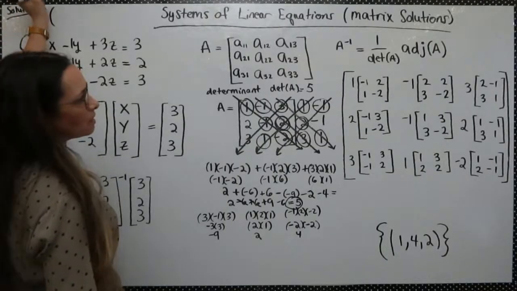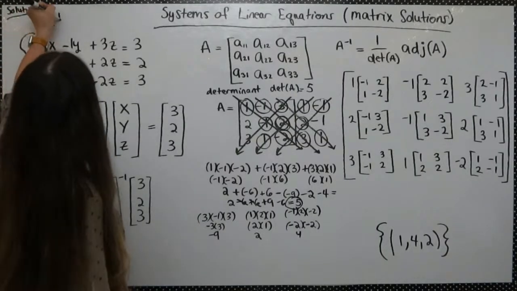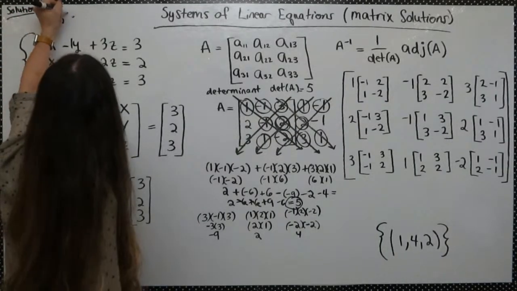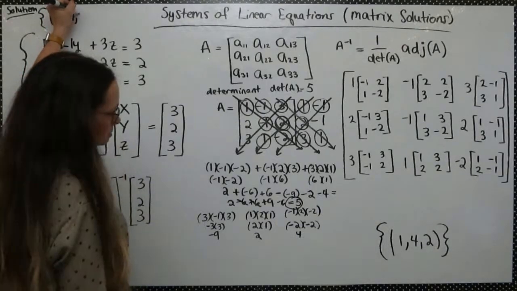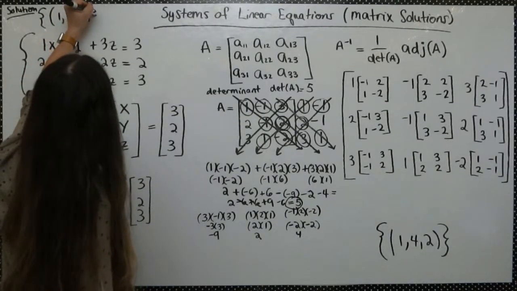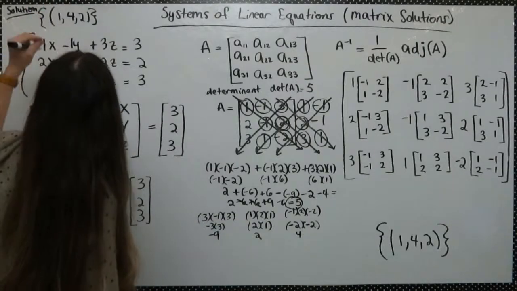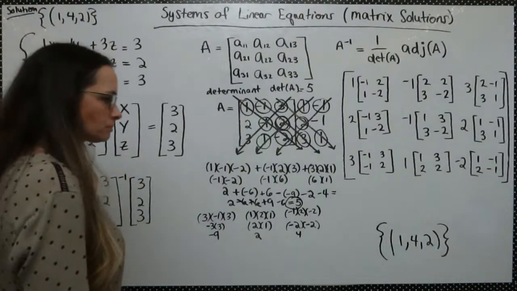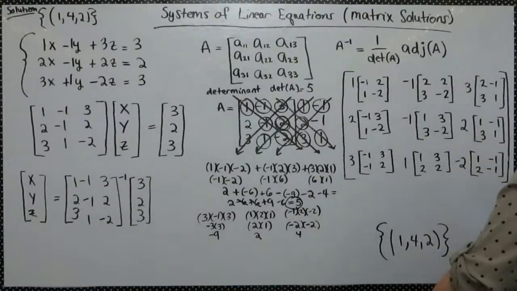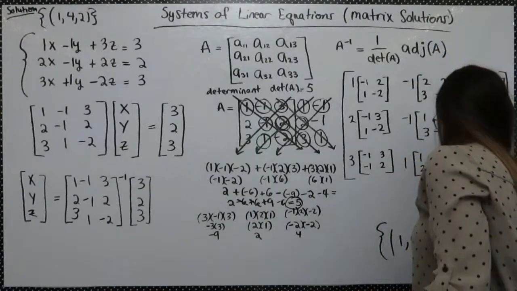We know it's 1, 4, 2. And I don't know what happened when I was trying to write the 4. Okay, good enough. So it'll give me a little bit more room for my calculations here.